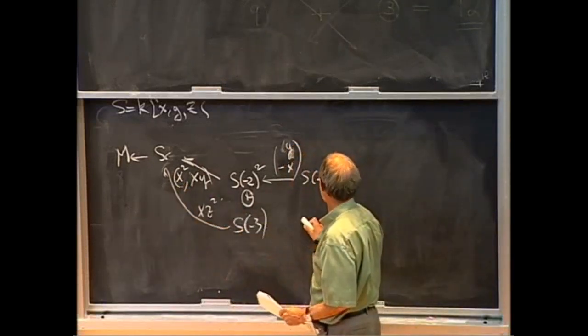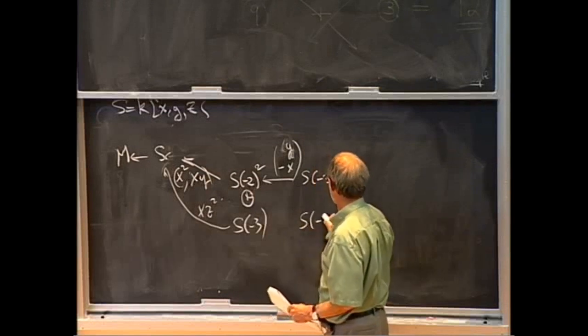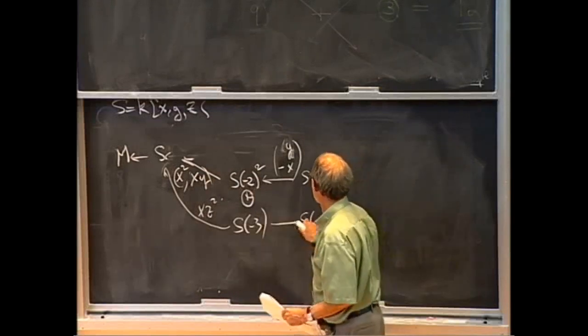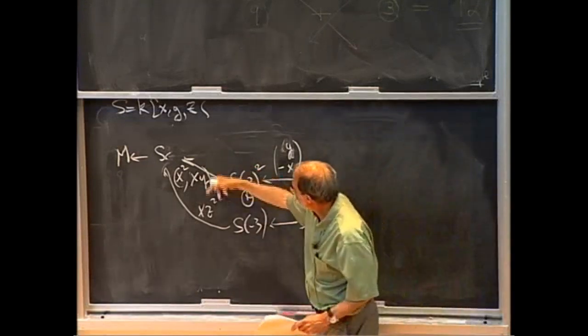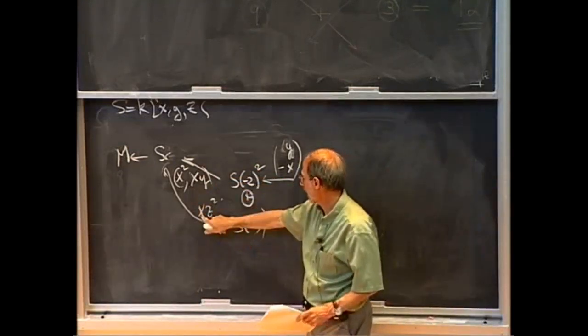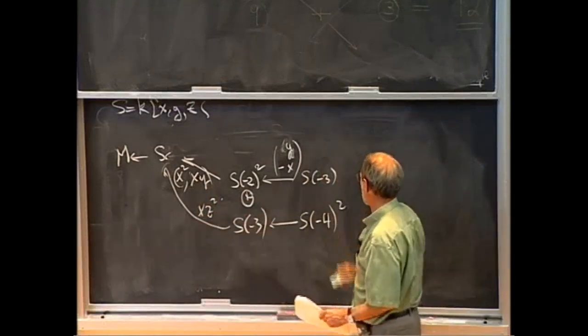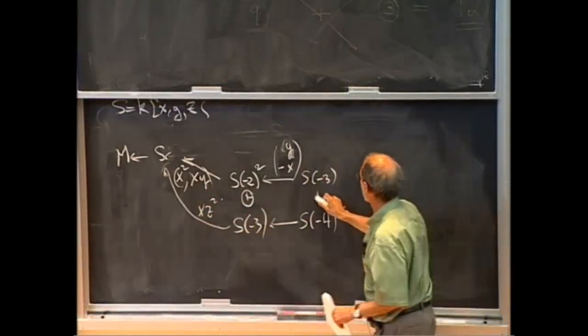So I have something S(-4) here, and here's that map. But I also have a relation between xy and xz squared. Again, I can divide by x. So I actually have two relations of that degree, 4.